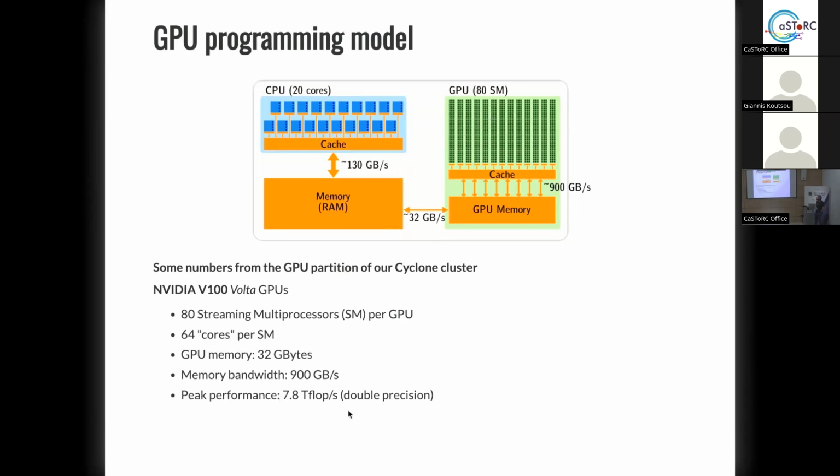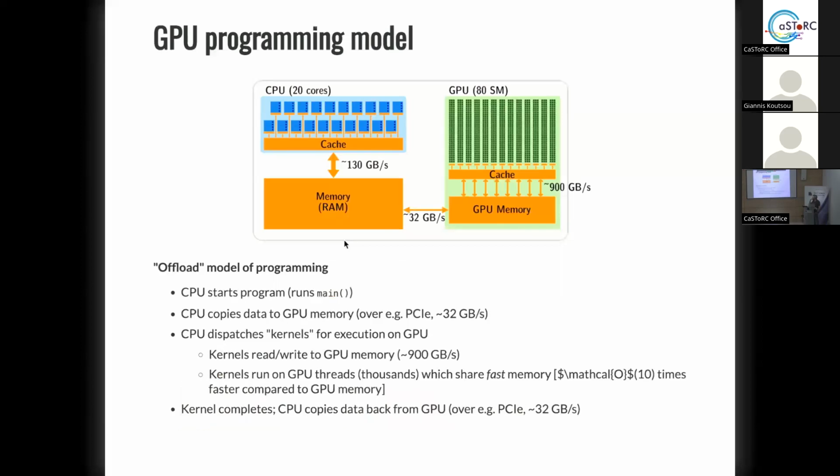The peak performance in double precision is something like 7 or 8 teraflops, whereas, to contrast it with the CPU, these current CPUs' peak performance is about 1 to 2 teraflops. I'm not exactly clear about the number, but somewhere out there. I'll come back to these numbers when we do our exercise.